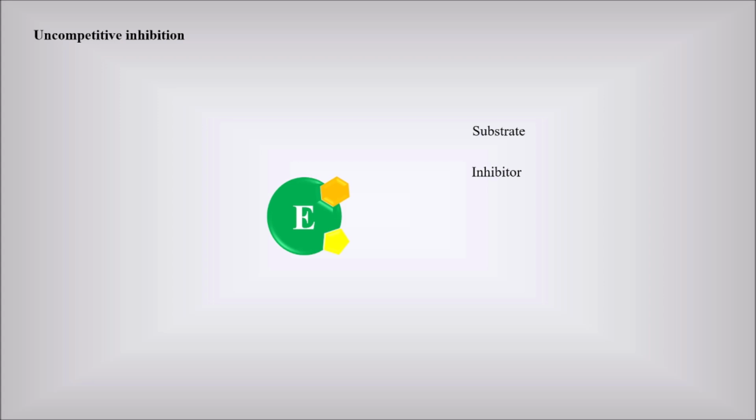So the basic difference between competitive and uncompetitive inhibitor is that in the competitive inhibitor, the inhibitor was directly interacting with the free enzyme. But here in the uncompetitive inhibitor, it will bind to the enzyme substrate complex instead of the free enzyme. Now, how will it vary the kinetics of the enzyme?